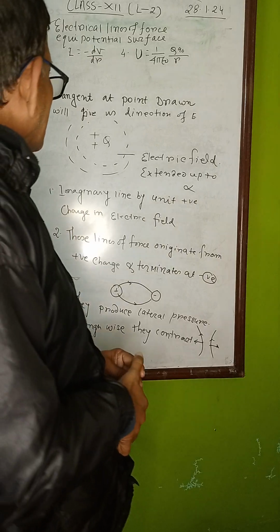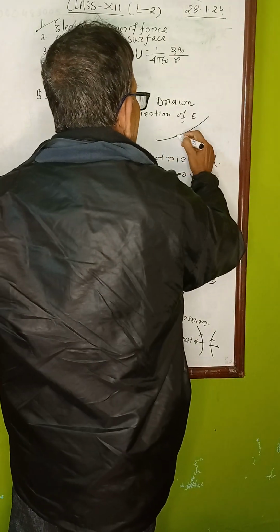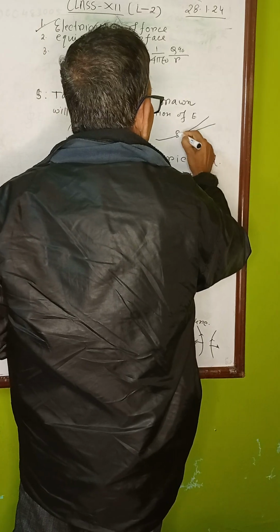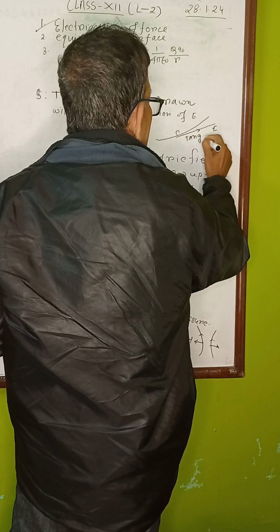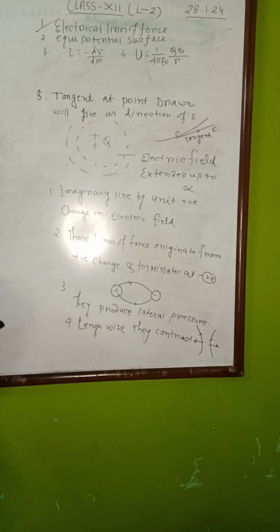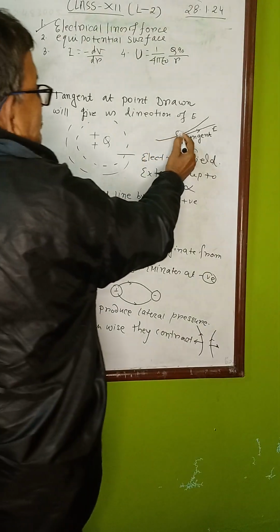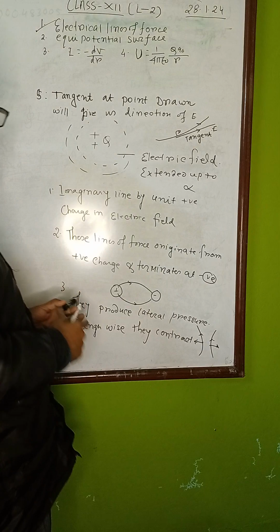Clear? So if this is the line of force, any tangent at the point P will give the direction, and this will give the direction of the field. The tangent drawn at the point P on the line of force will give the direction of field.